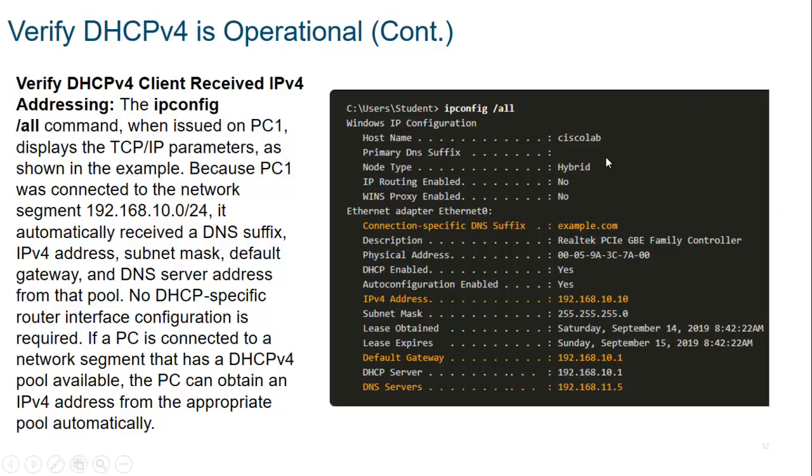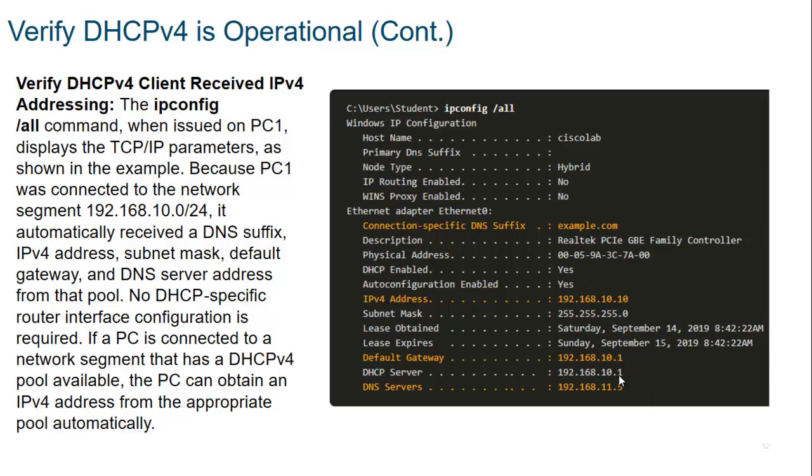So when PC1 was attached to that and asked for a DHCP service, it was given an IP address, the subnet mask, the default gateway, the DHCP server, and the DNS servers. Remember, these are the ones that you configured in step 3.